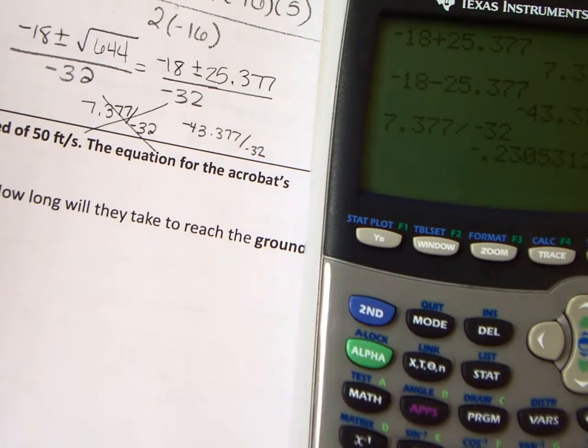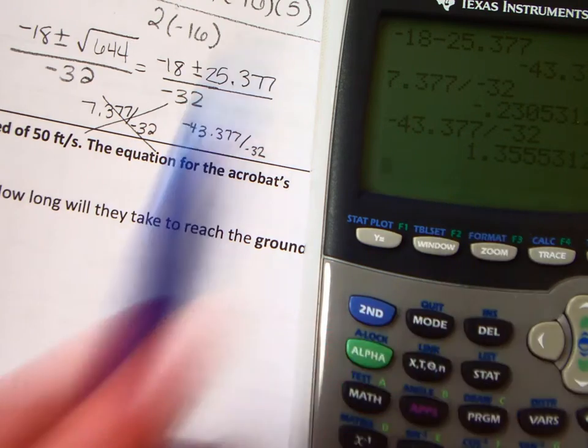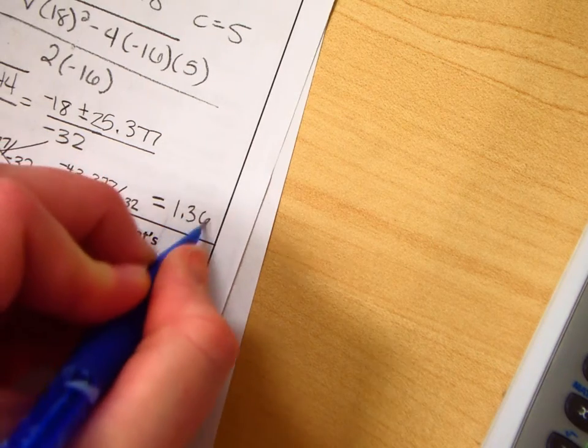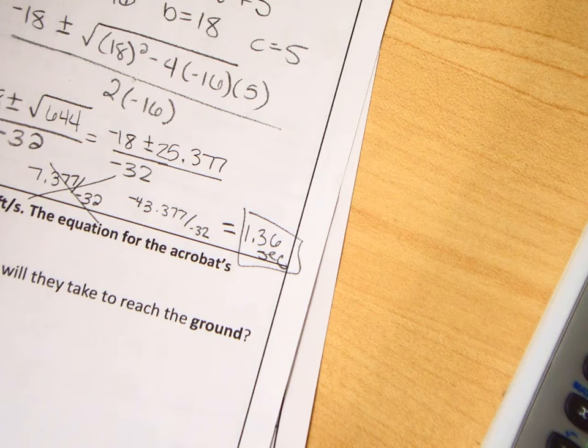So that one can't be it because I get a negative. So let me do the negative 43.377 divided by negative 32. And I get 1.35 or 1.36 when we round. 1.36, and that's seconds, and that's how long it took for the ball to reach the ground.